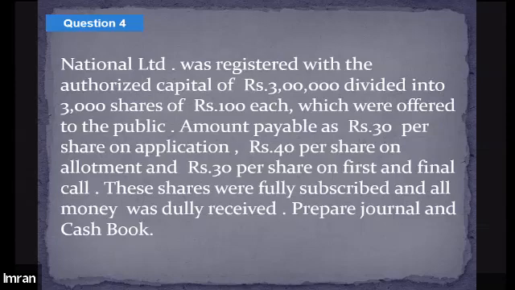These were fully subscribed and all the money was duly received. Prepare journal and cash book. Now see, this question is telling us that the total authorized capital is 3 lakh divided into 3,000 shares of rupees 100 each, which were offered to the public. That means the entire authorized capital has been issued to the public. Okay, let me simplify this question for you.